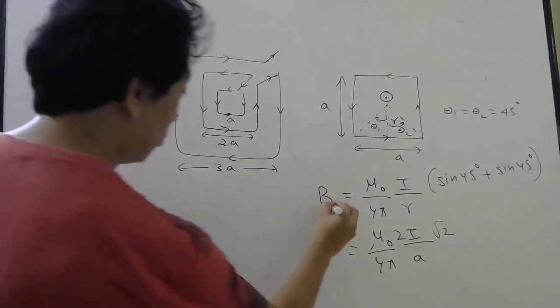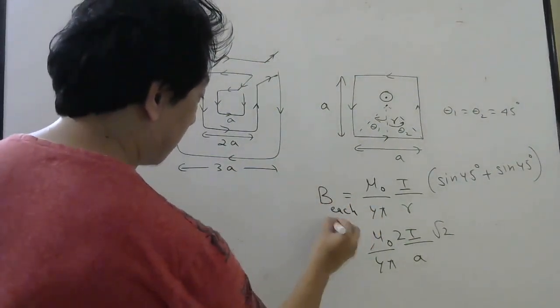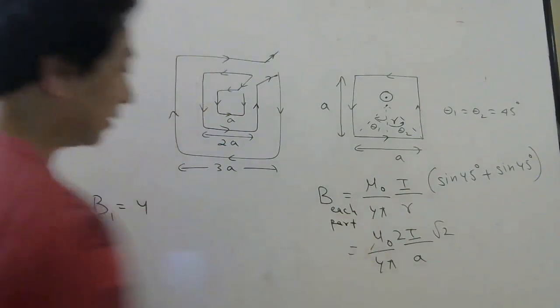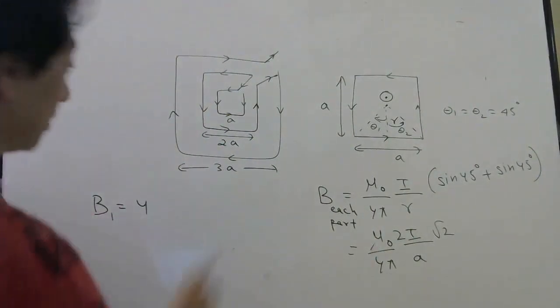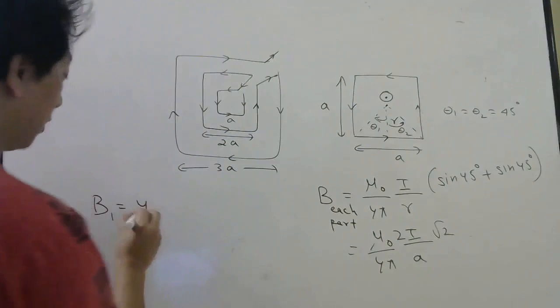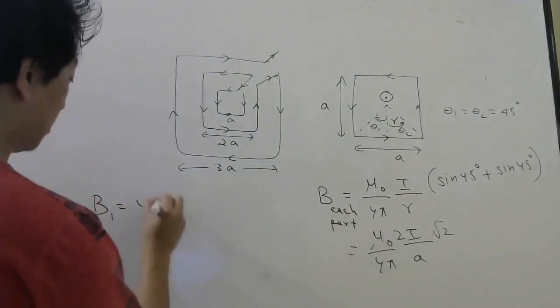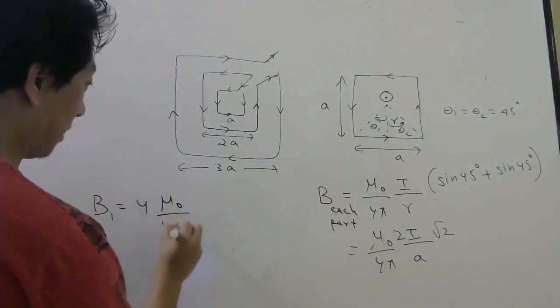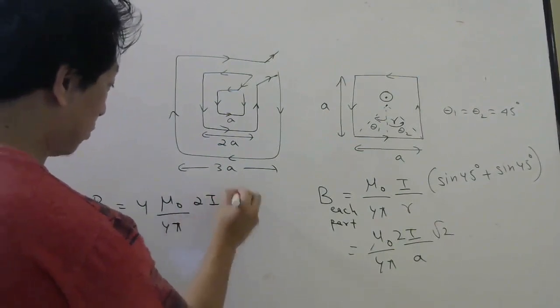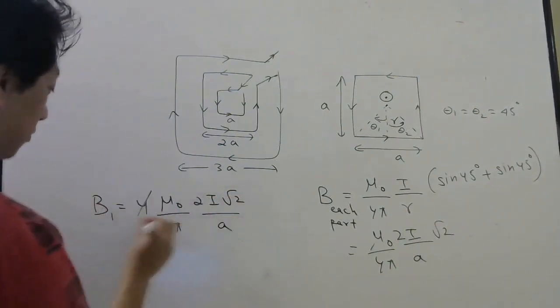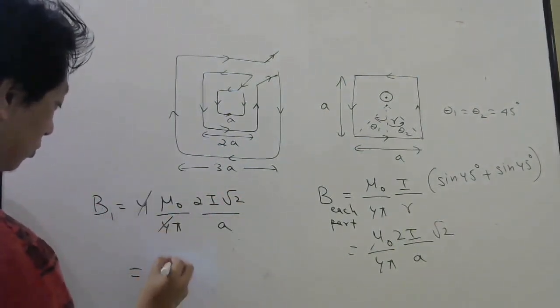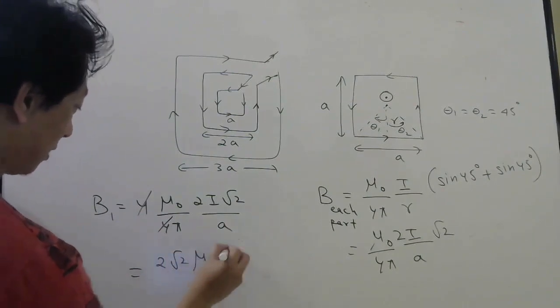This is the magnetic field due to each part. There are 4 parts. So total magnetic field will be 4 times this. So mu naught by 4 pi, 2I root 2 by A. The 4 cancels. So 2 root 2 mu naught I by A.